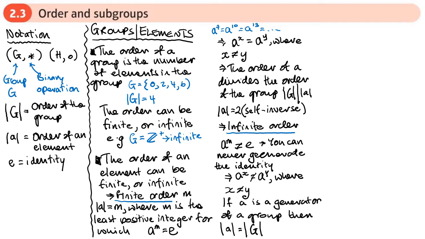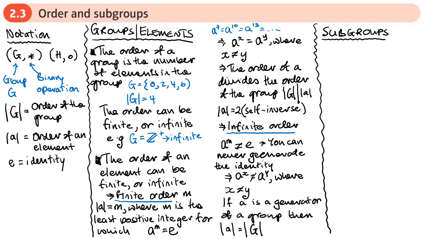So the last thing we're going to look at now are subgroups. Subgroups are like mini groups within a bigger group. They do the same sort of thing, but with a smaller number of elements. Because they're like mini groups within a group, it means that they're closed. They have an identity, and our identity will be the same as the main group.